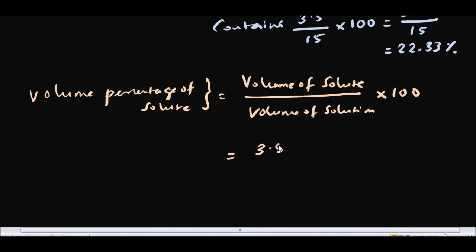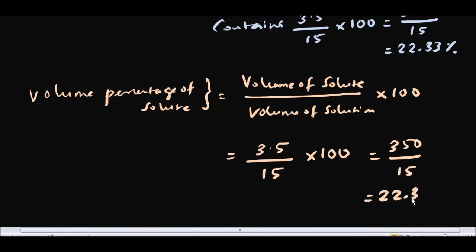This is 3.5, this is given as 15, into 100. So the same idea: 350 divided by 15, we can have 22.33 percentage.